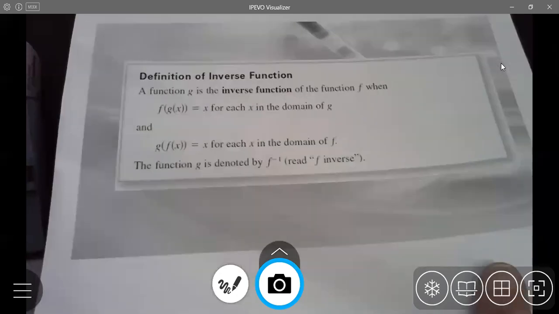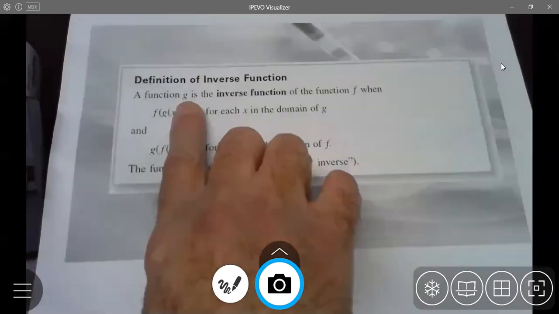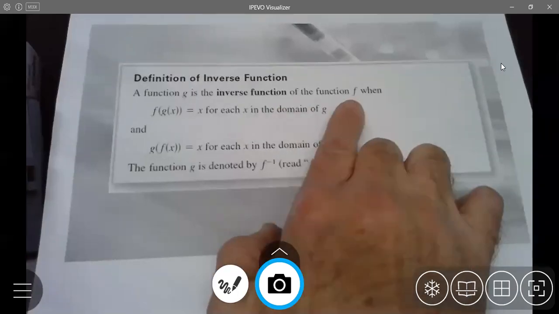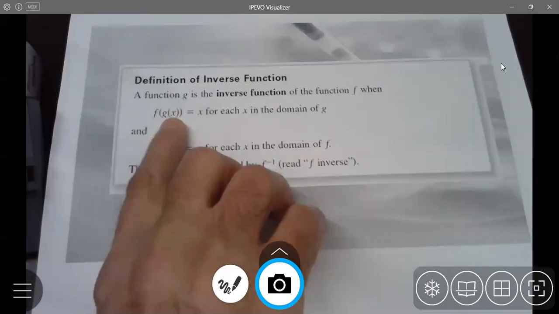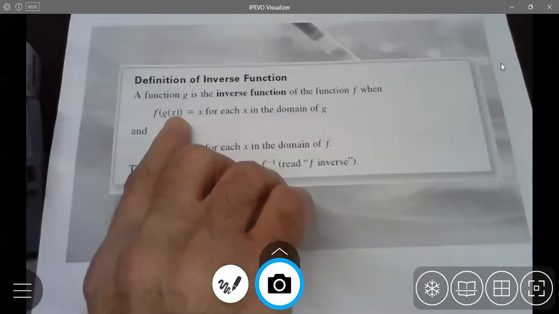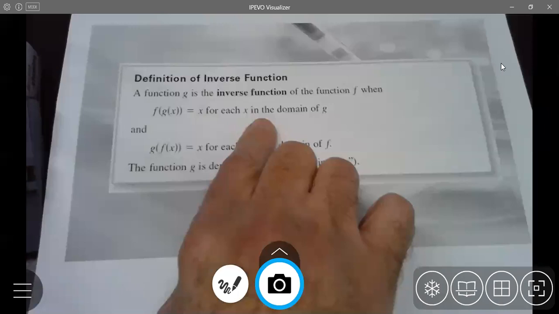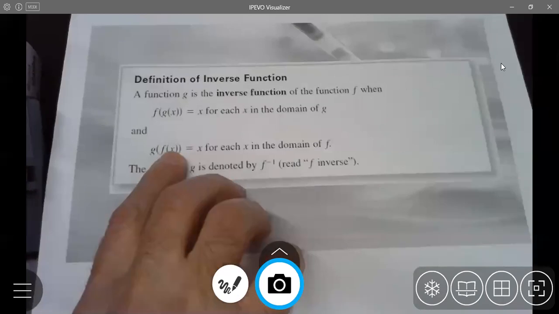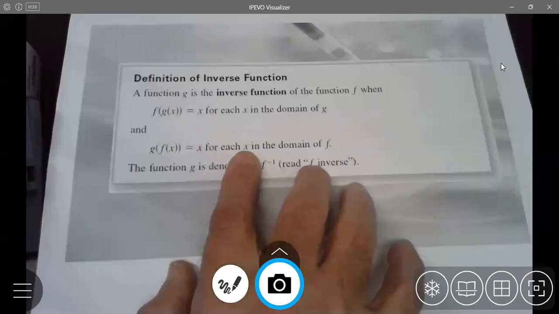The definition of an inverse function: function g is an inverse function of function f when, if we compose f with g, in other words, we insert g within f of x, everything cancels and all we get is x for each x in the domain of g. And if we switch it, g composed with f of x, we put f of x in and everything cancels and all we get is x for each x in the domain of f.